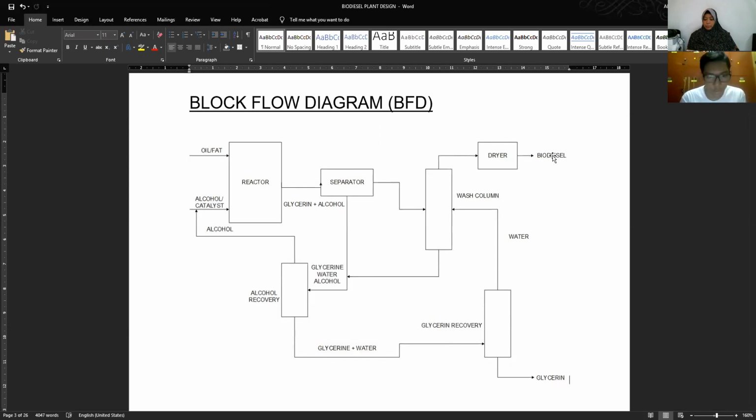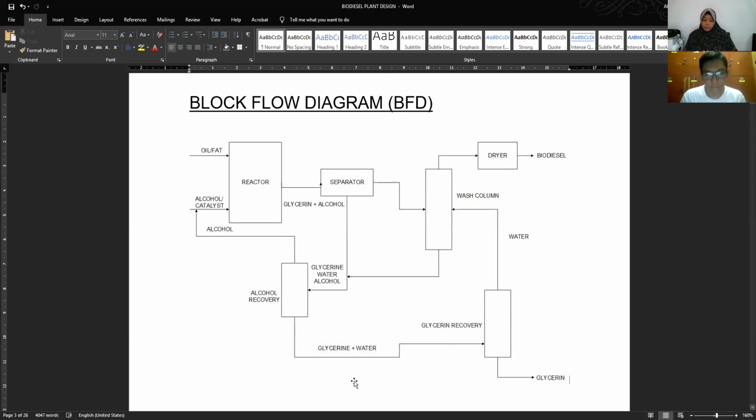There the alcohol recovery will occur, in a column which will separate the alcohol from the glycerin and water. The alcohol goes back to the feed channel, and glycerin and water go to the bottom channel for recovery. I'm done with the alcohol part.